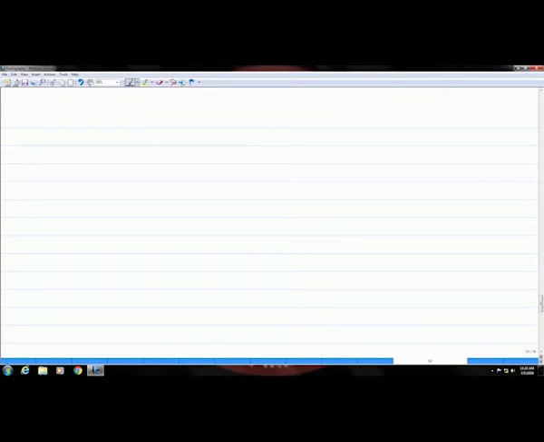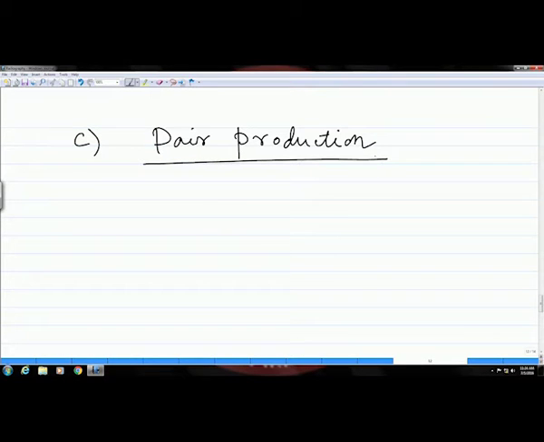The next one is known as pair production. So, in this case what happens, you have the atoms and the electrons.